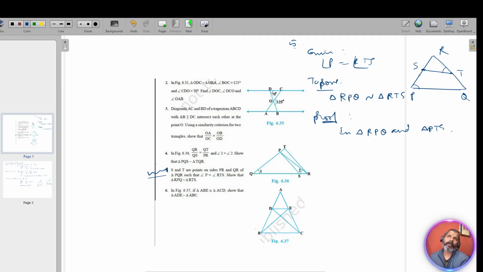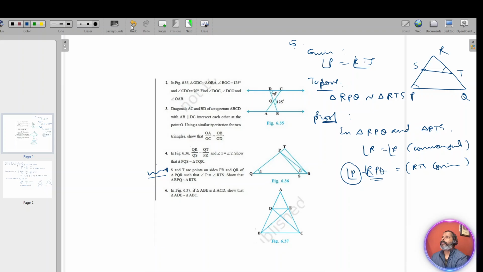Take the two triangles as is, what is to be proved, RPQ and triangle RTS. If you observe RPQ and RTS, R is common. You just write angle R is equal to common. The other one they have given only. Check out. In RPQ we have angle P, RPQ only equal to angle RTS given. RPQ is nothing but P only. Don't get confused. This is same only.